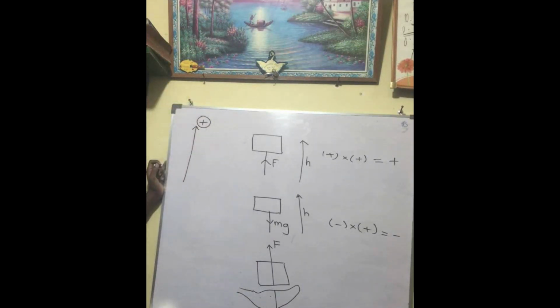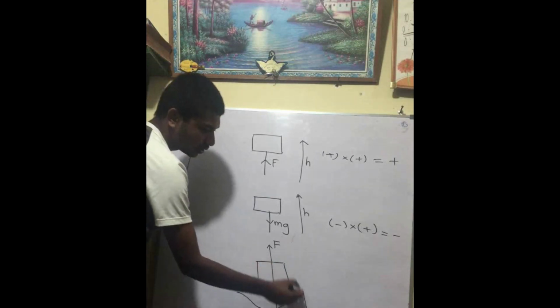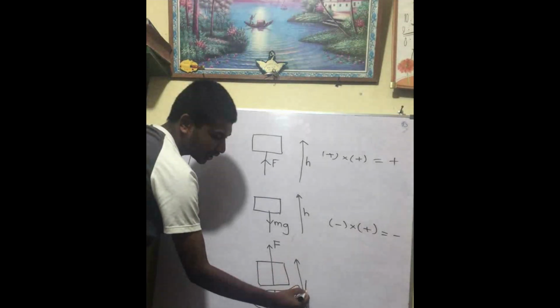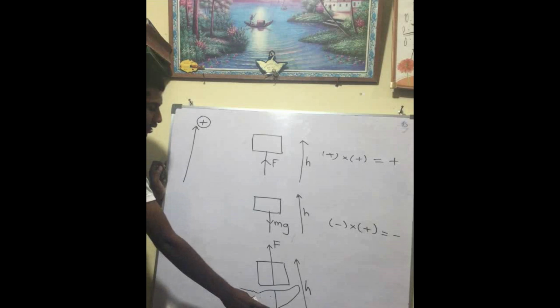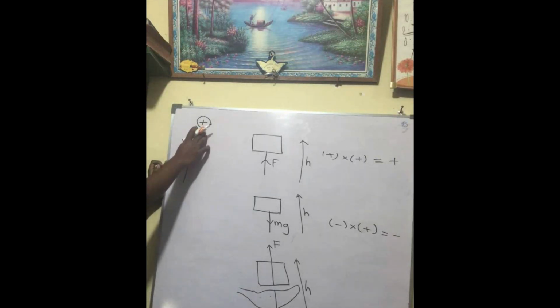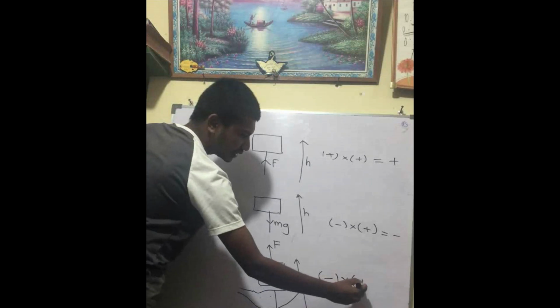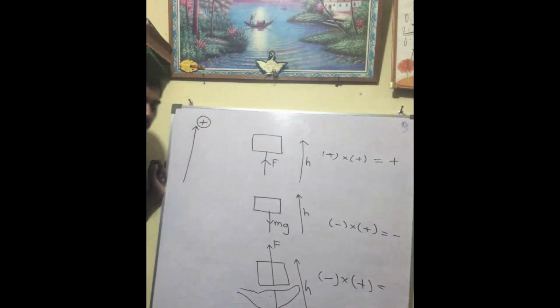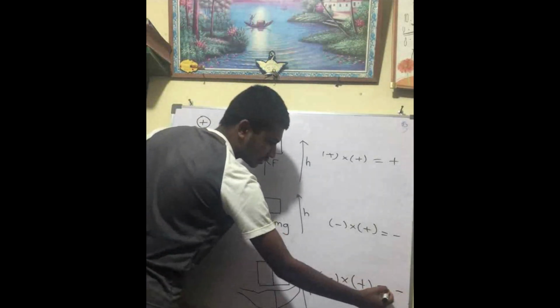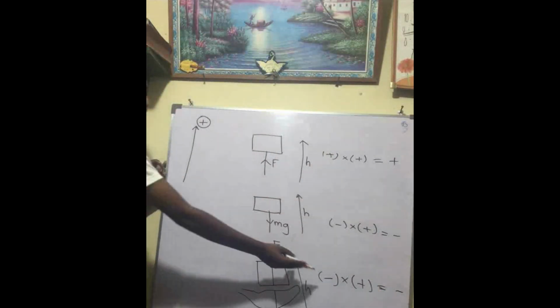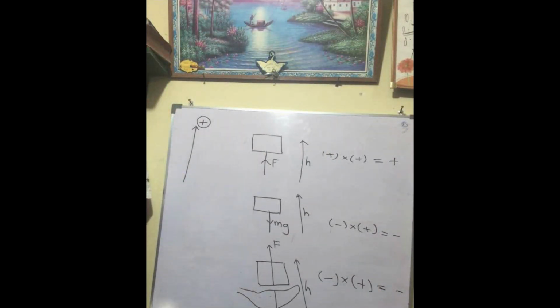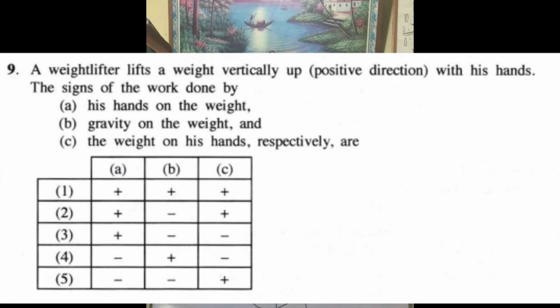But the hand and weight are both moving in the upper direction. So as a fundamental rule, F is in minus direction, h is in plus direction, so ultimately it will be in minus direction. Referring to this, you can check the answers. So the answer will be the third one: plus, minus, and minus.